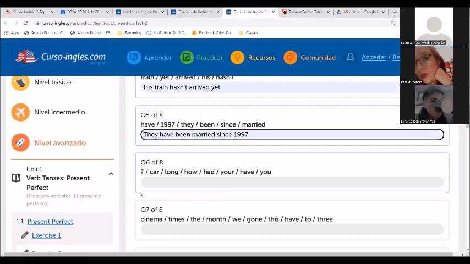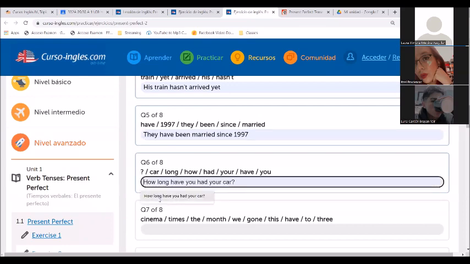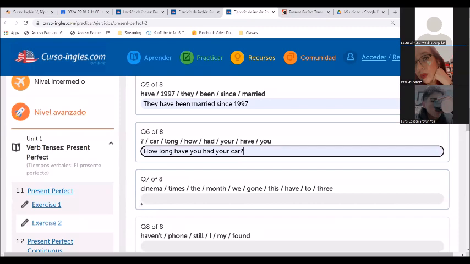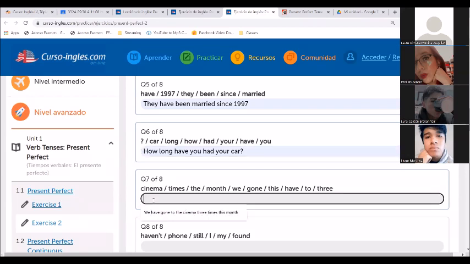How long have you had your car? Good. Hugo, number 7. Okay. We have gone to the cinema 3 times this month.